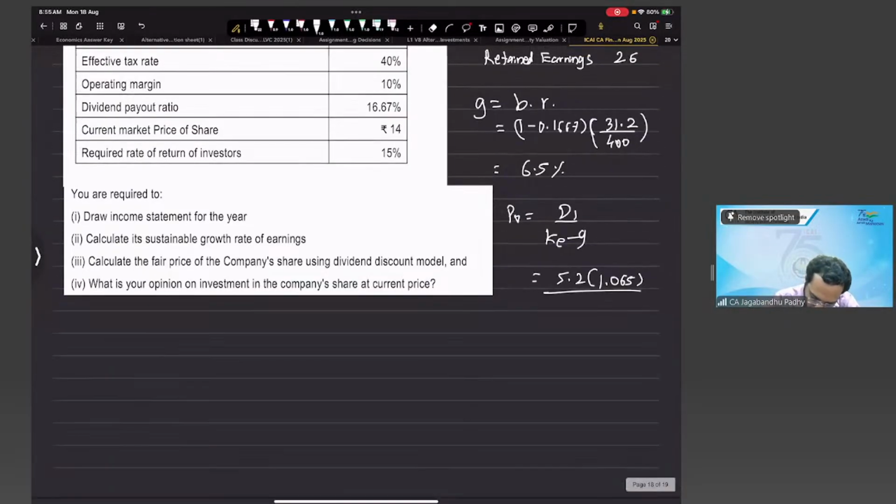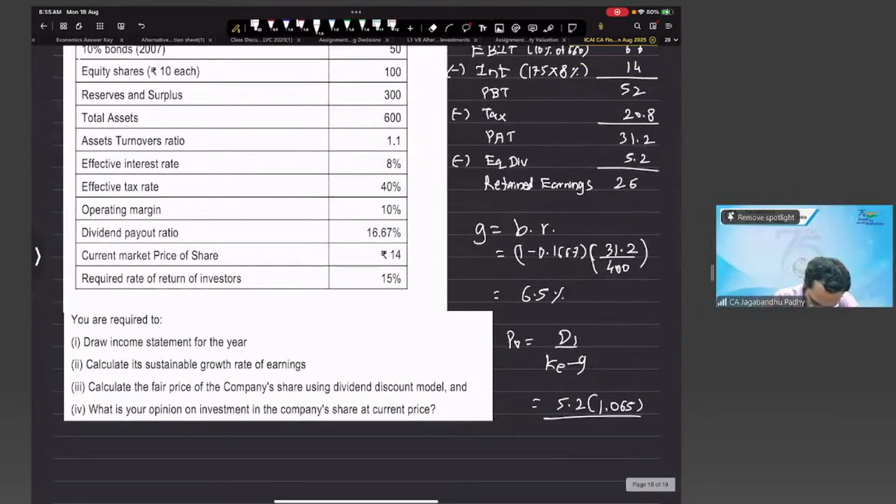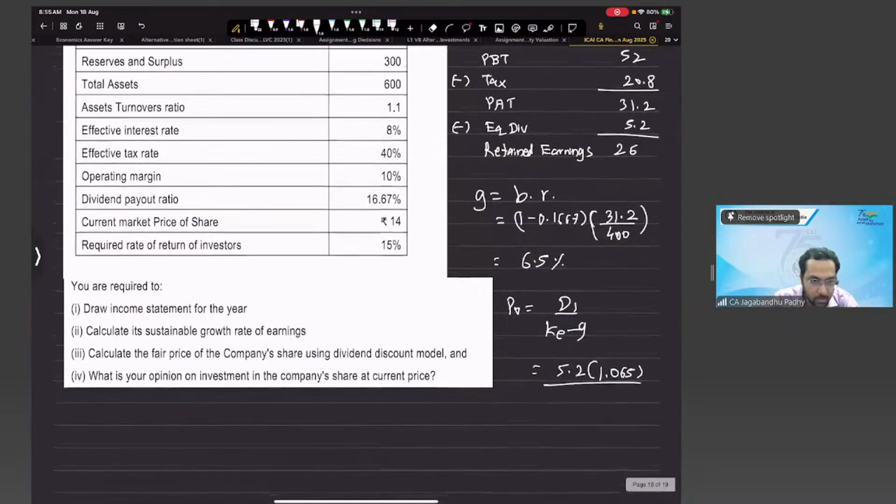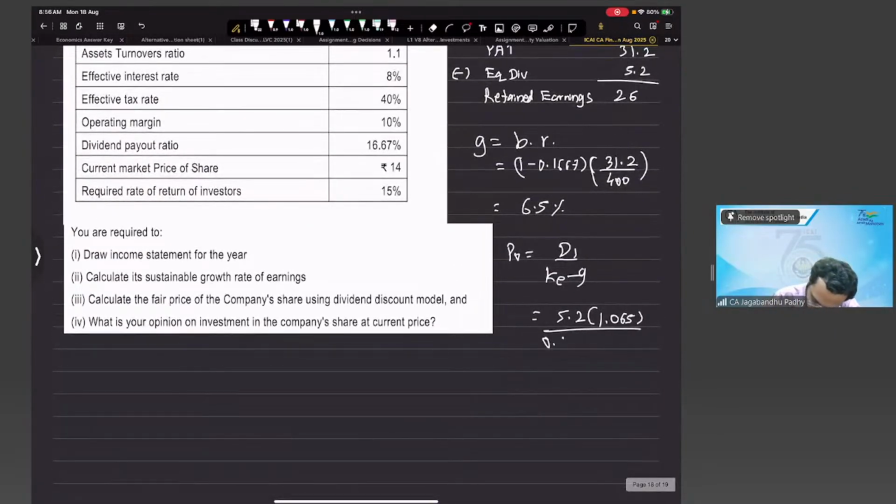Cost of equity, the required rate of return for the investor, is given as 15%, and the growth rate is 0.065. You just get this number.